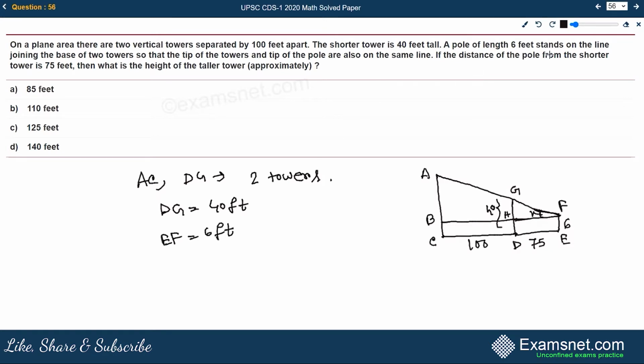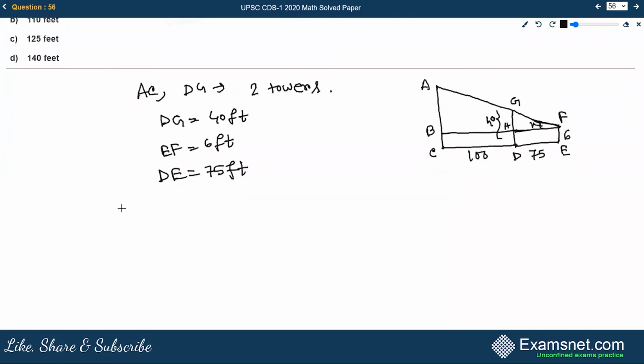If the distance of the pole from the shorter tower is 75 feet, so DE is 75 feet, what is the height of the taller tower approximately? We are asked to find the value of AC. First consider the triangle GHF.